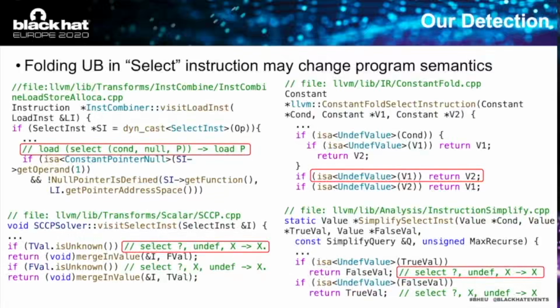Inspired by the previous quiz, we first focus on select instructions. These are some code snippets where undefined behavior will be folded in select instructions. These optimizations will change the control flow graph by removing undefined behavior instructions.